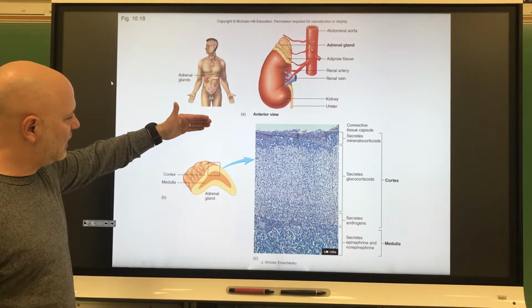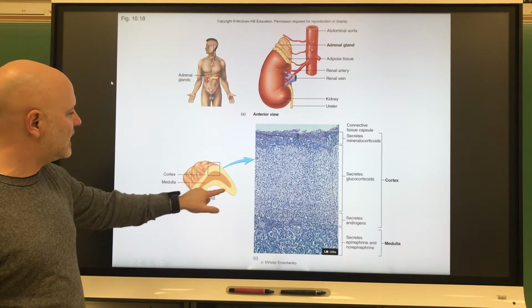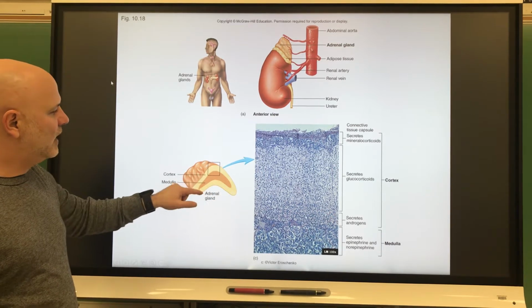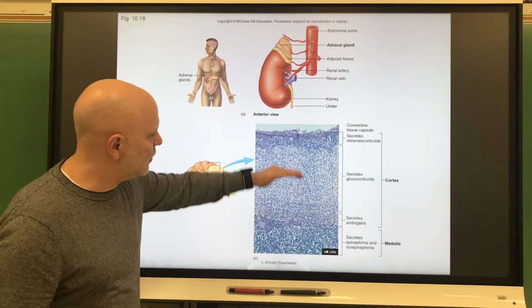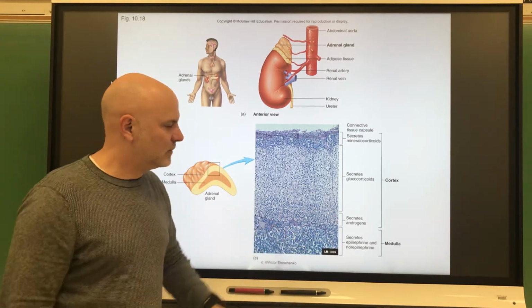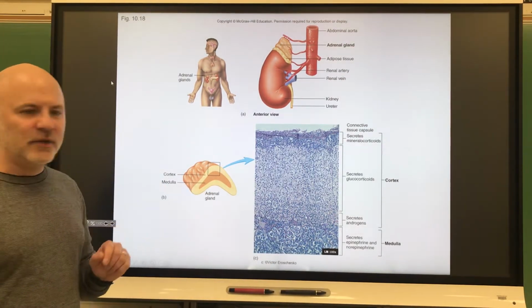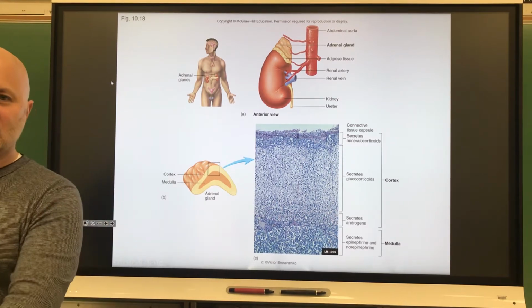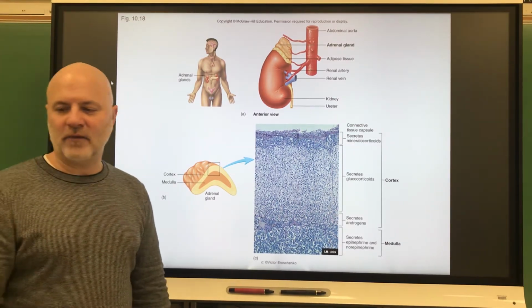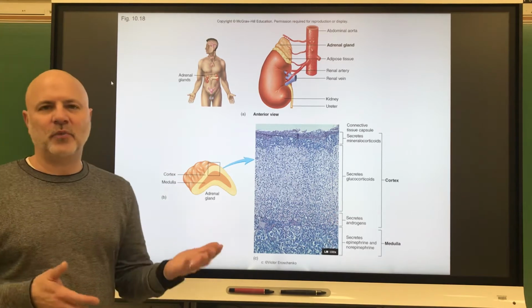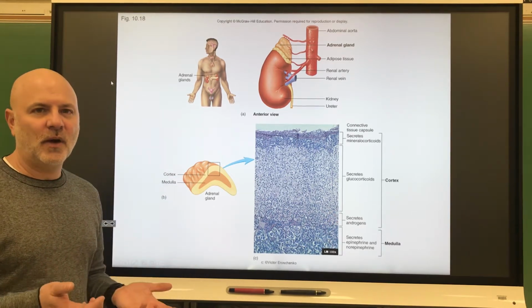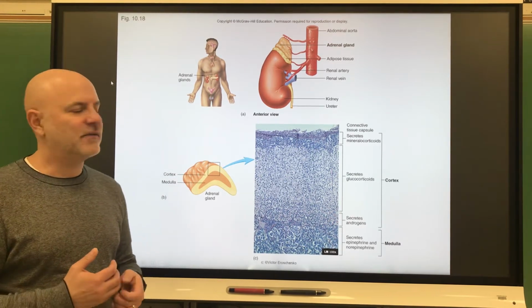If you take that gland and cut it, you have a cortex area and a medulla area. On this slide, this is the cortex, this is the medulla. The medulla is the inner portion. The medulla produces epinephrine and norepinephrine, which increase the heart rate, breathing, blood pressure, and so on. It also decreases digestive activity.